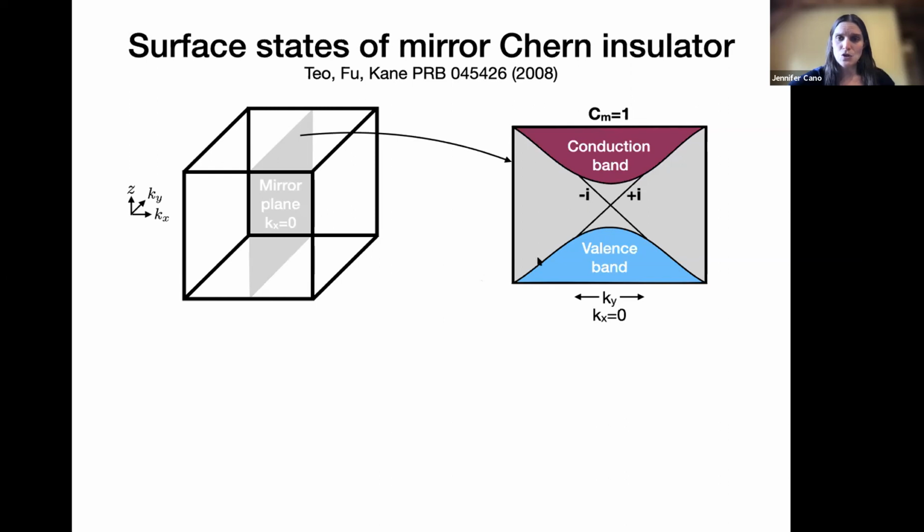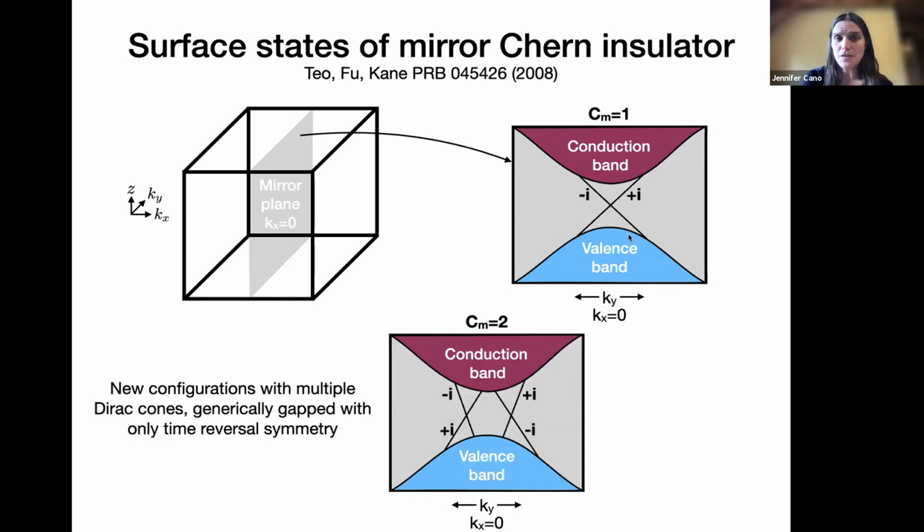If we have a mirror Chern number of 1, that means that on each edge we have one band with Chern number +1, say in the plus mirror sector, and another band with Chern number -1 in the minus mirror sector. And so this would also be a TI, because you can see that there's this Dirac cone on the surface.